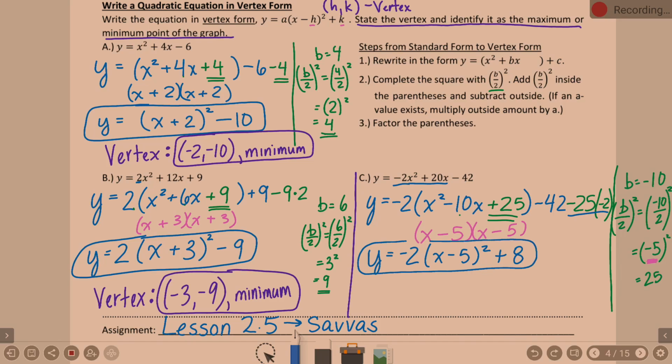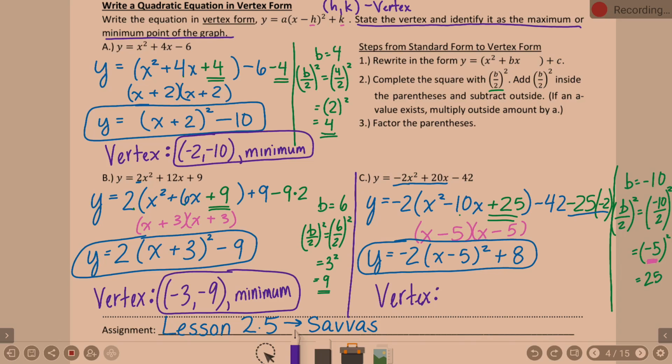Okay. And vertex. It's HK, or think about which way the graph's moving. Minus 5 tells the graph to move right 5. Plus 8 tells the graph to move up 8.